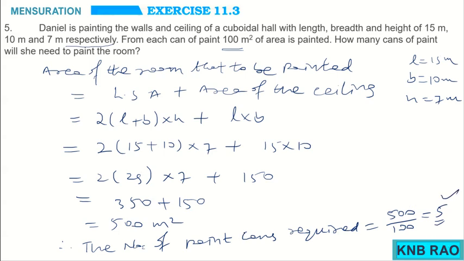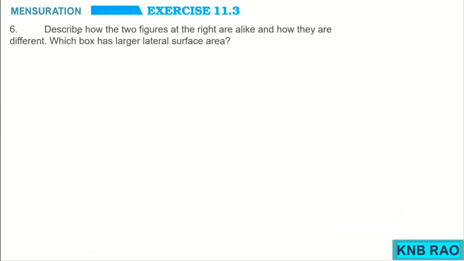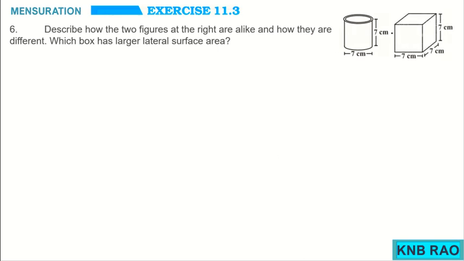Moving on to question number 6. Describe how the figures at the right are alike and how they are different. Let me show you the figures. Here is the first figure, and here is the next figure. See children, we need to describe how they are the same, similarity, and how they are different.